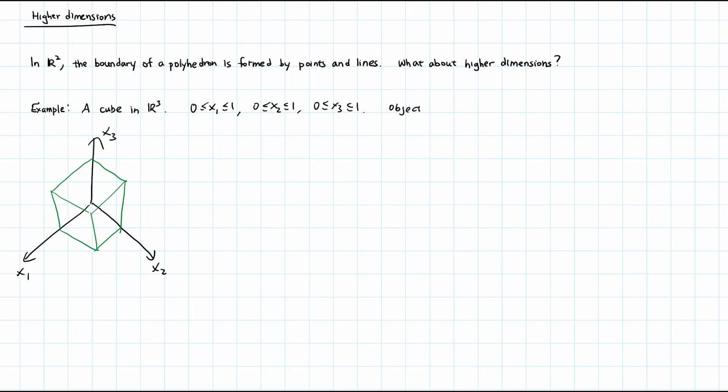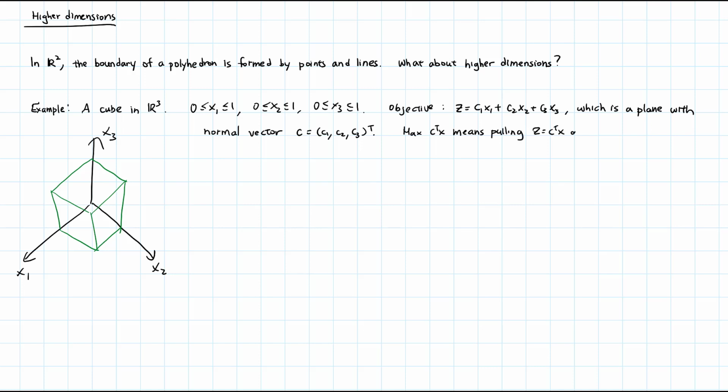The objective function would take the form of z equals c1x1 plus c2x2 plus c3x3, which is a plane with normal vector c, which is c1, c2, c3. So maximizing c transpose x means pulling the plane z equals c transpose x as far as possible in the direction of c. So what could optimal solutions look like?